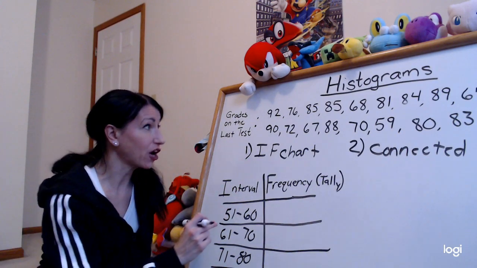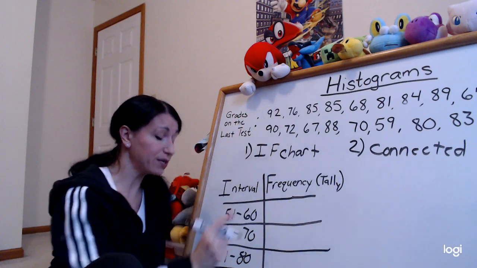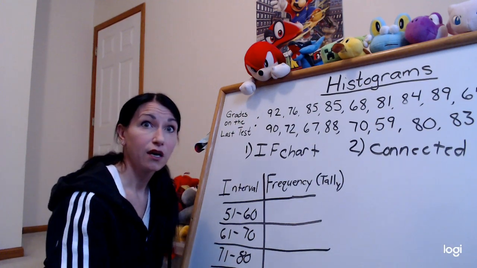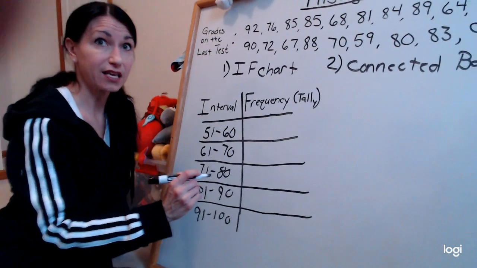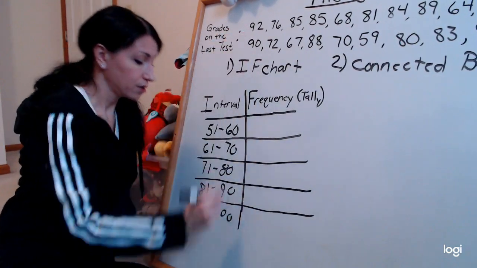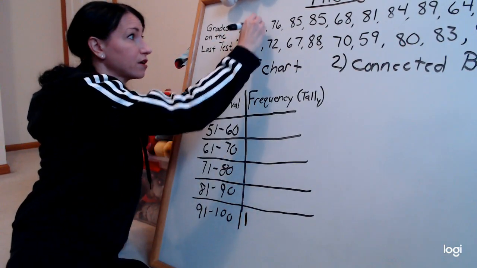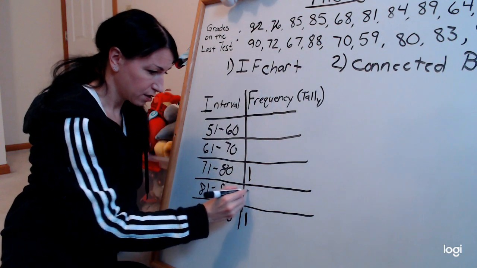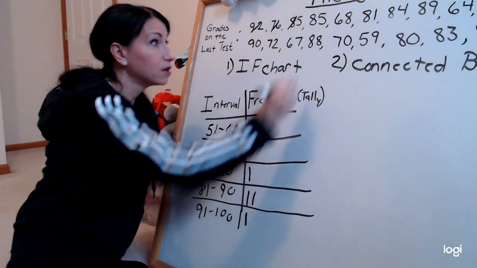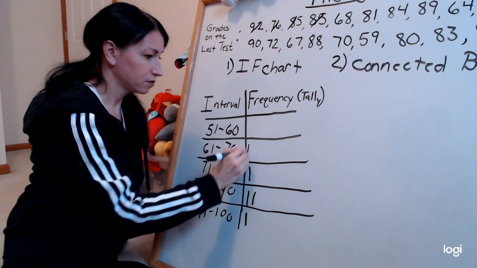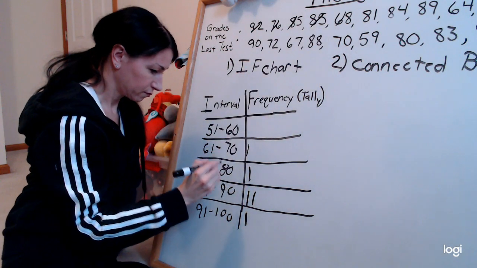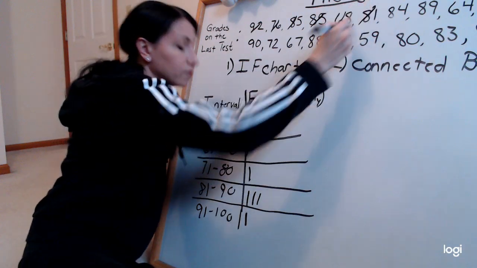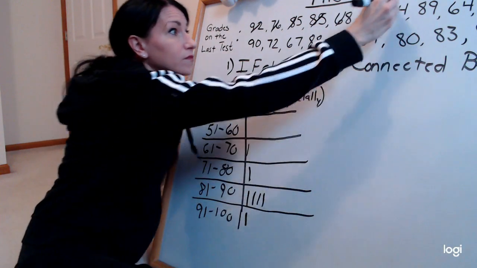Andrew, I'm going to need your help here. Can you read me the numbers? Yes, thank you. Okay. 92. So that goes down here. 76. 85. 85. 68. 81. 84. 89.